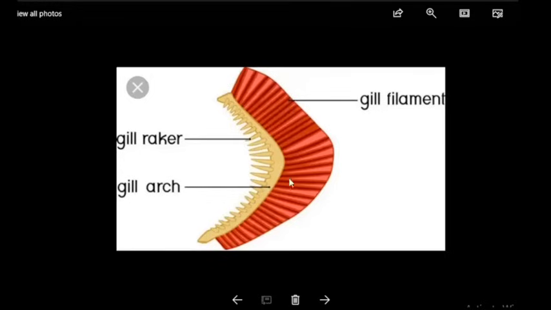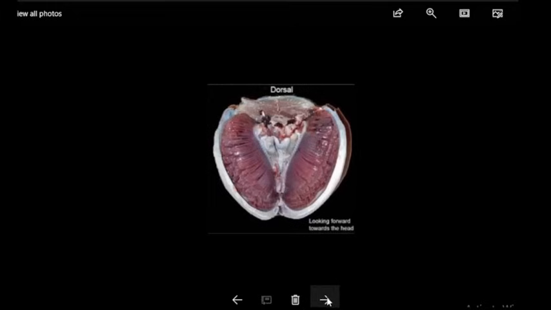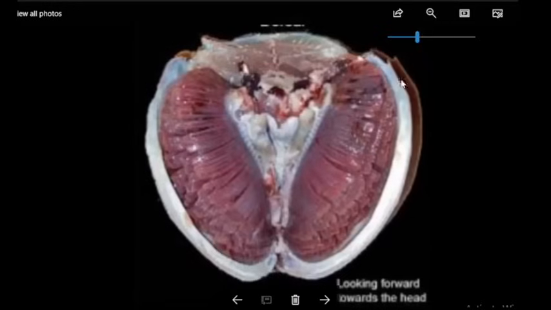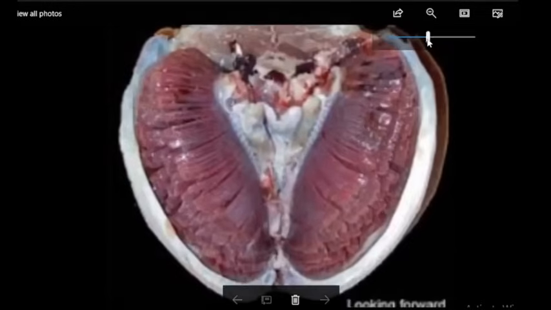We can see the gill arc here. Then all of these parts here, we have them as the rachis, and this place here the filaments. So that is the diagram. We still have other pictures that you can see. Let me enlarge it. So we have the arc here.